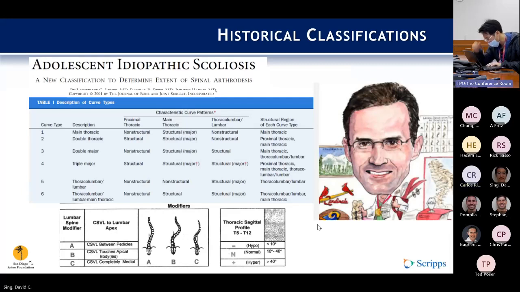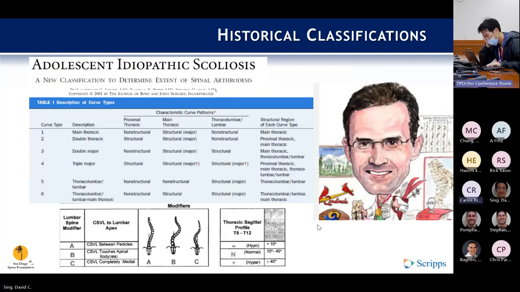In terms of where the curves are, thoracic was when the apex of the curve was somewhere between T2 and the T11-12 disc space. Thoracolumbar curve had the apex of the curve between T12 and L1, and lumbar was between the L1-2 disc space and L4. So that's how they define these different categories.